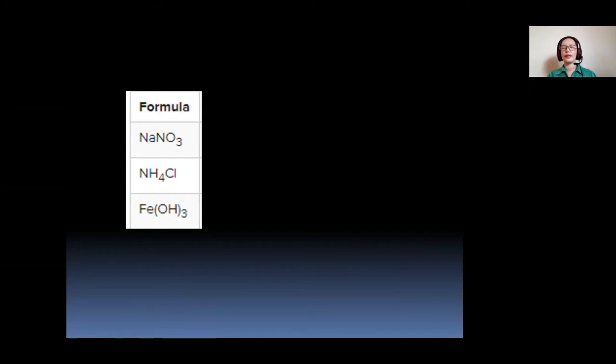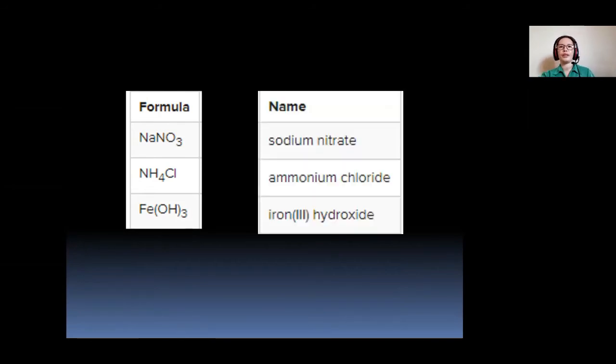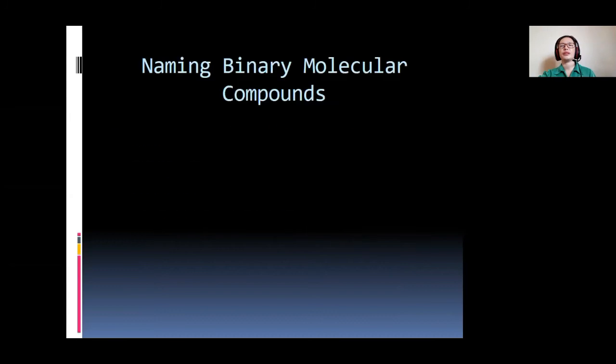So in naming this, in stock, it's iron, Roman numeral 3, in parentheses, and then hydroxide. That's a polyatomic ion. Or in classical, it's named as ferric hydroxide because 3 is a higher oxidation number. Okay, so these will be the names of the compounds.